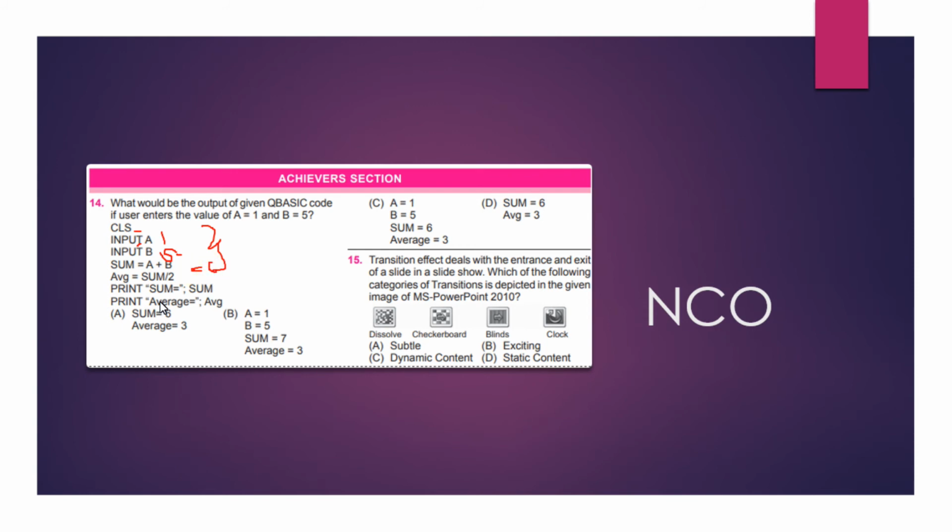Average is equal to sum by 2, so 3. Average is 3. Print sum is given as sum equals, the output we have to find. Sum is equal to 6 and average is equal to 3. So the answer is A. The output will be displayed like this.